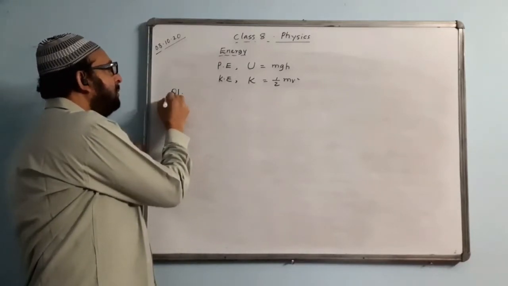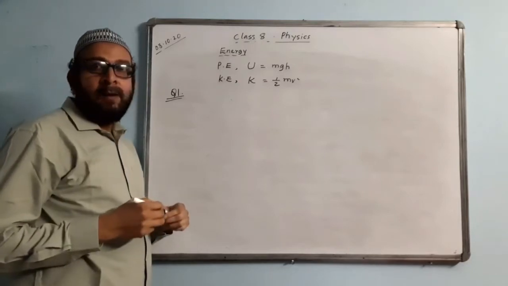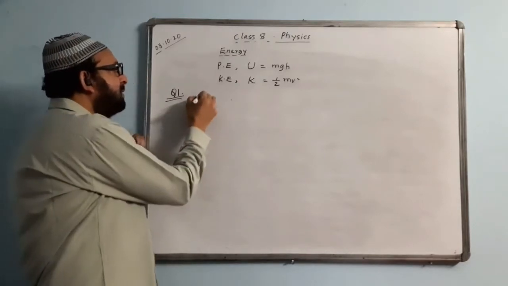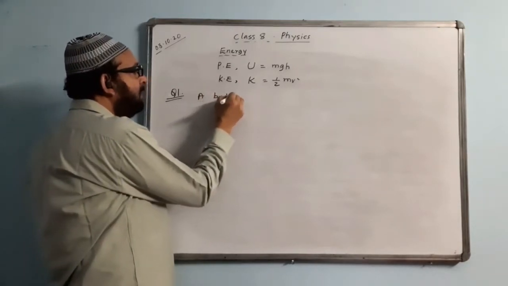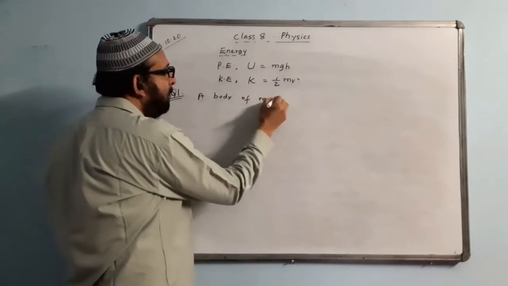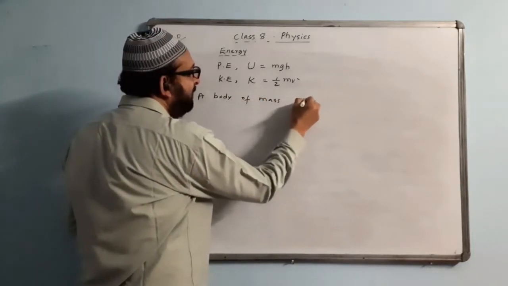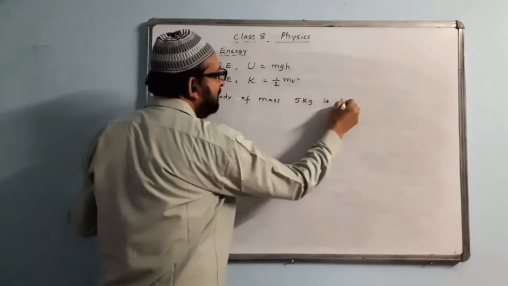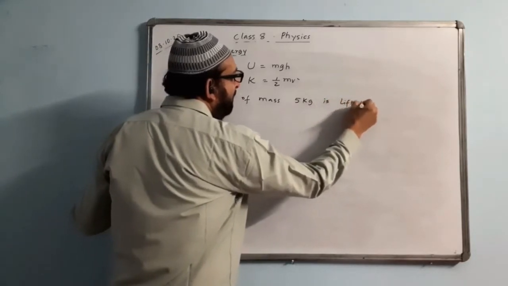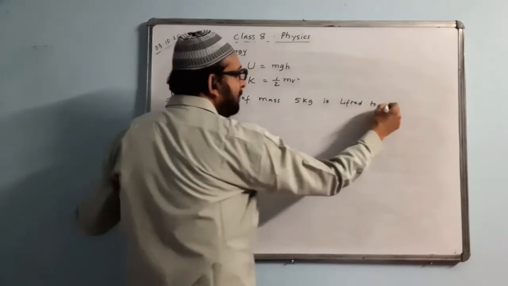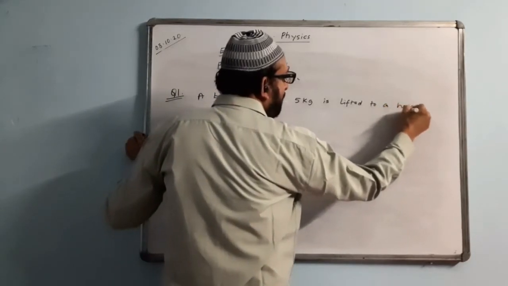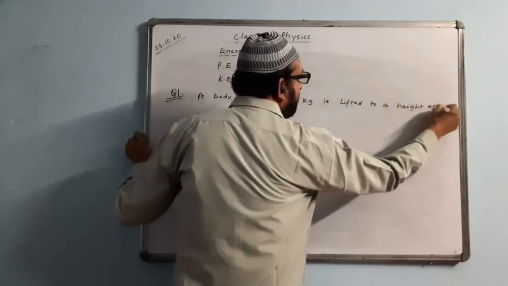Question number 1. Question says a body of mass 5 kg is lifted to a height of 10 meters.